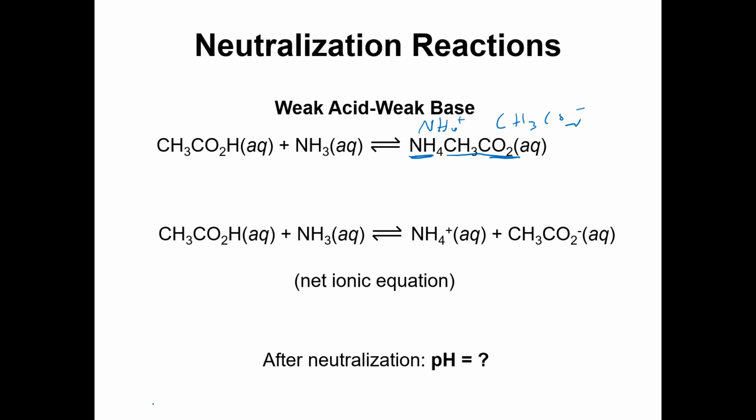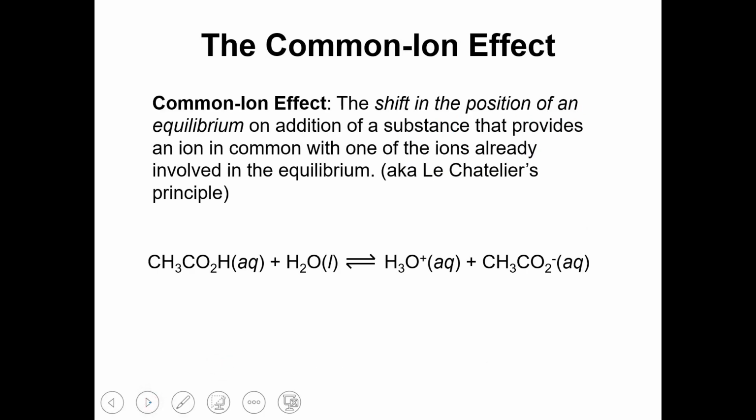So we're going to talk about how we would calculate the pH of this solution. Let's take an example where we just have acetic acid and water. If we react acetic acid with water, the water gets a proton from the acetic acid. So we get H3O plus, which is our hydronium ion, and acetate.